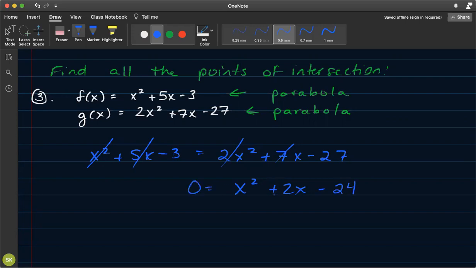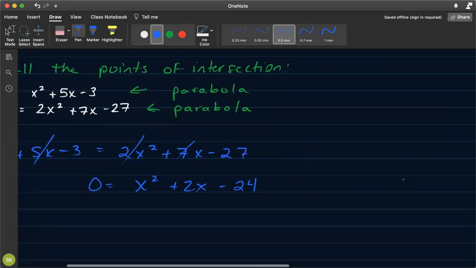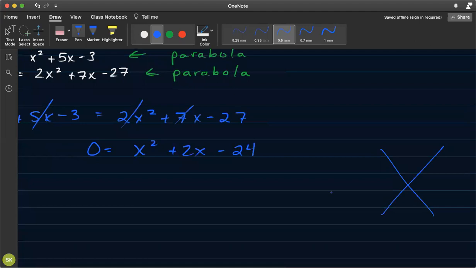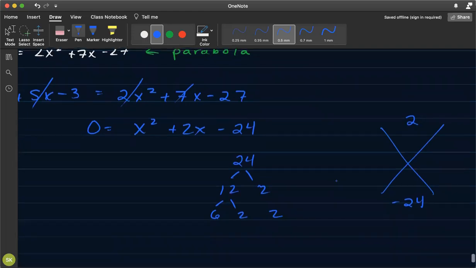And we can try to factor this. This looks like it could be easy to factor, so let's give it a shot. Two numbers that multiply to give me negative 24 and add to give me 2. Okay, 24 is 12 and 2, which is 6, 2, and 2. I think 6 and 4 will work.